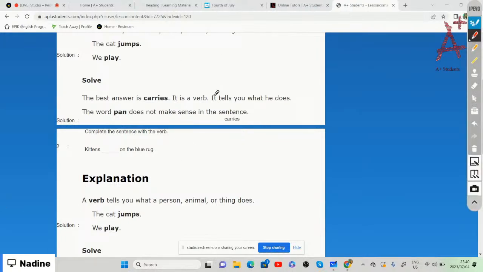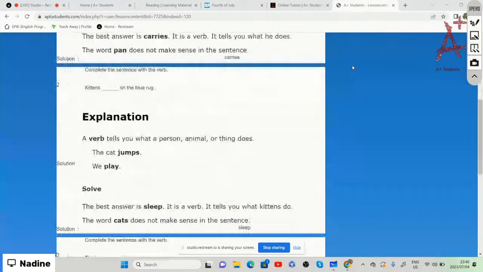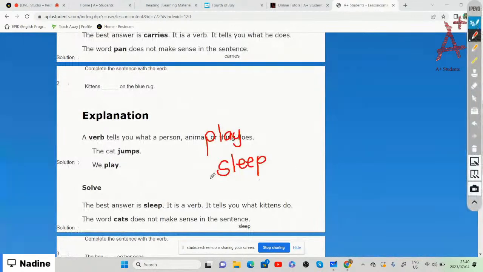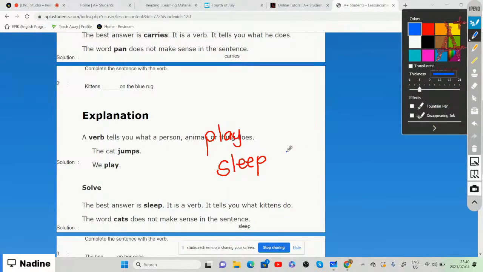Kittens what on the blue rug? All right, so yeah, it says the best answer is sleep. So if you said sleep, then that is correct. Wonderful, because the kittens, they sleep on the blue rug.